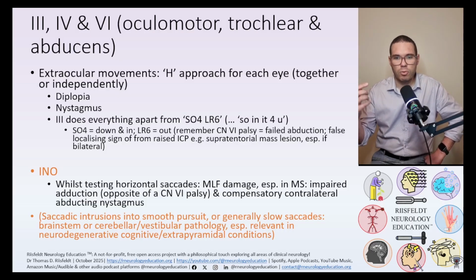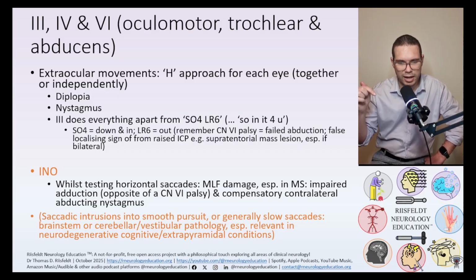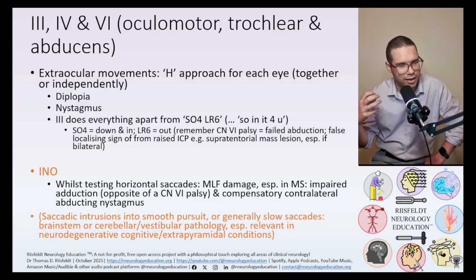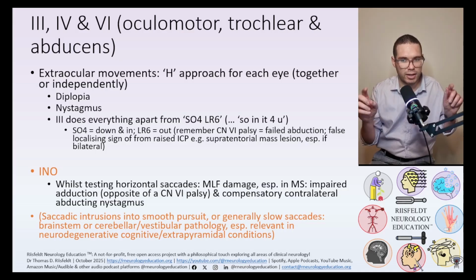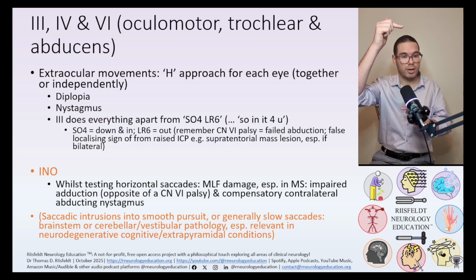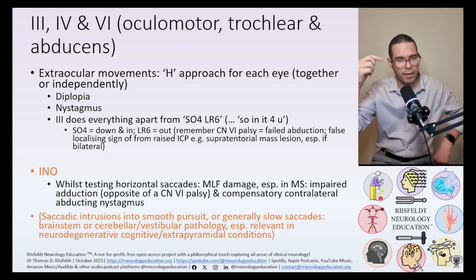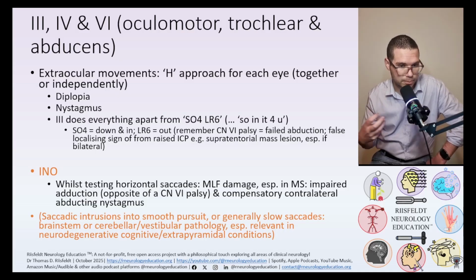So what that means is when you're doing your H testing and you're getting the patient to do smooth eye movements, instead of them being smooth, are they actually jerky? So that would be saccadic intrusions into smooth pursuit. Or alternatively, if you specifically test saccadic testing, such as when you're testing your horizontal saccades, and you can also examine vertical saccades, so get the patient to look up, down, up, down, are those eye movements just generally slower than you would expect them to be?